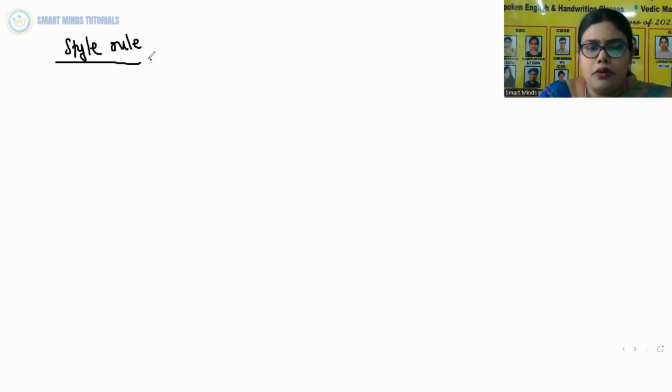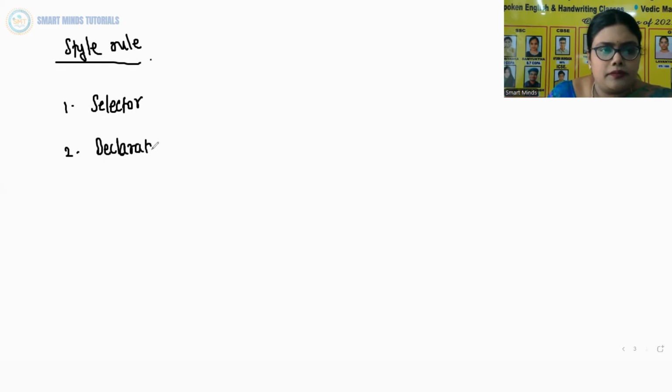So first let us understand about style rule. What do you mean by style rule? So style rule specifies the appearance of a document, and a style rule is composed of two units. One is selector and the other is declaration. So what is selector?